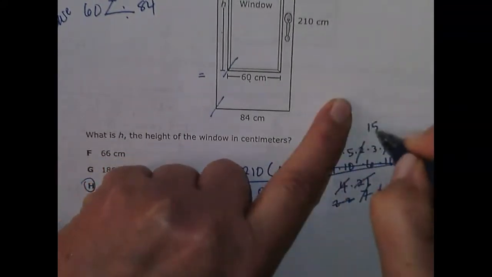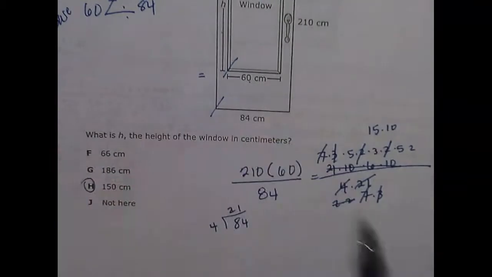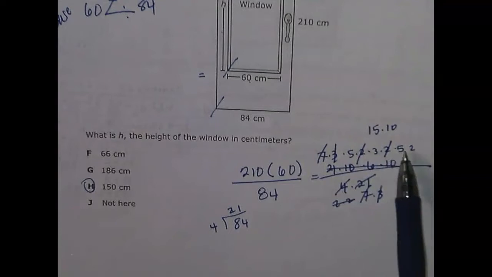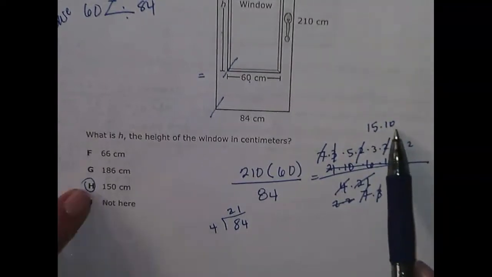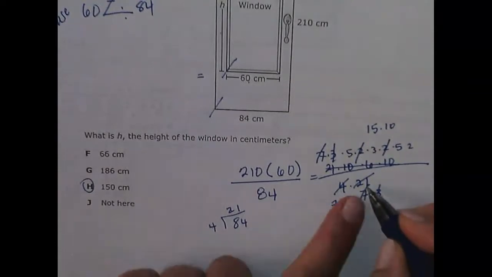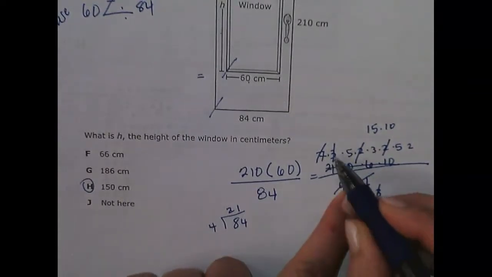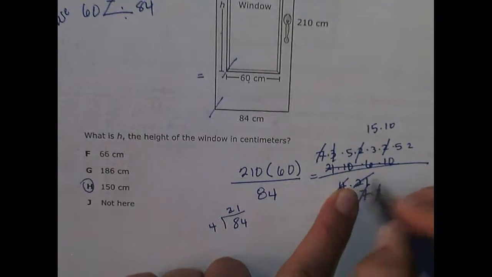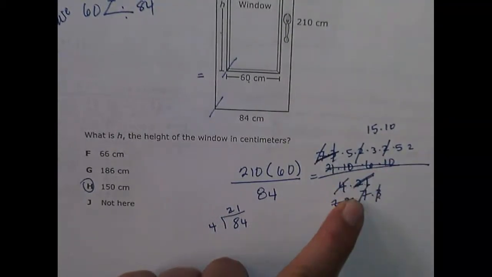So it's 15 times 10 unless I lost a number. Those are gone. 5 times 3 is 15, and that's 10. Answer is 150. Now, I will say this. If you had 21 sitting here, and you had 7 and 3 sitting here, you could have said 21, and then 7 and 3. You didn't actually have to break that down further. Wasn't necessary, but you could have.